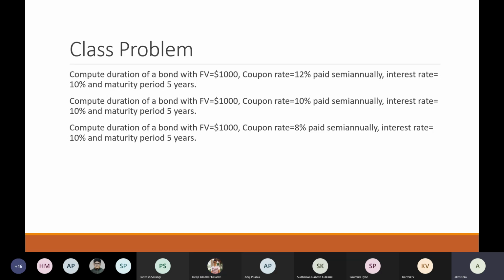So you remember your weight is basically cash flow divided by present value of your bond. So cash flow in a given year divided by the value of the bond is the weight. Then weight in a given year into time t, and the summation of that will give you your duration for a particular bond.